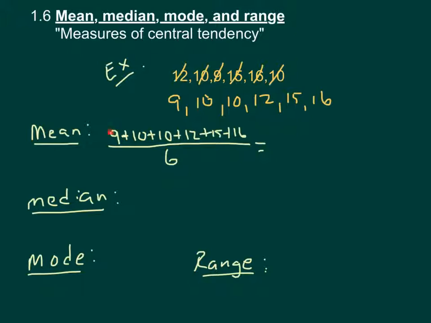So order of operations, I'm going to clean up the top of this fraction in the numerator. If I add all those up, I get 72. On the bottom, I still have 6. And if I reduce this fraction, 72 divided by 6 is what, 12? So in this case, my mean is 12, or my average.